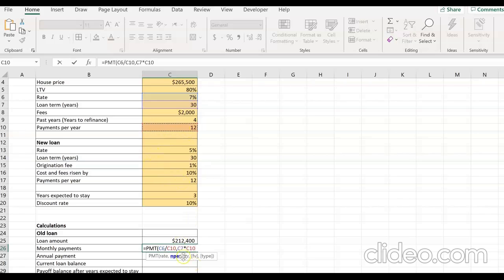The payments per year, and present value, 0 time.